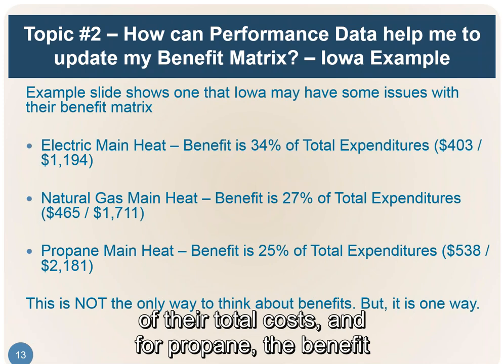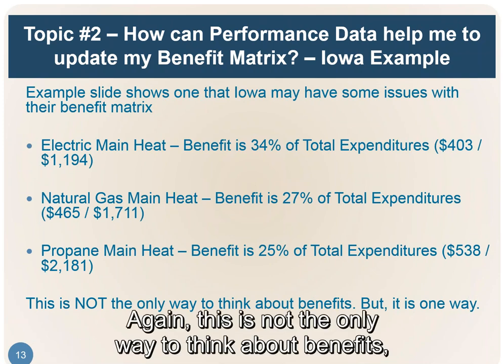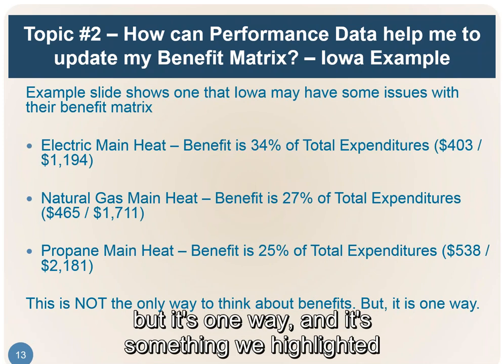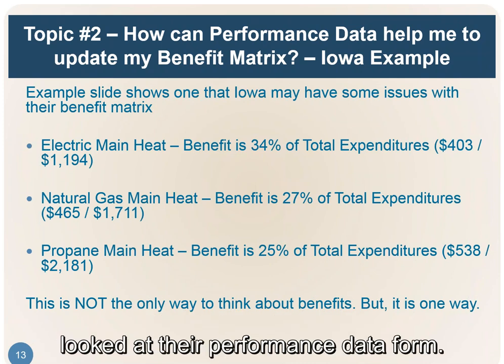And for propane, the benefit was 25% of their total costs. Again, this is not the only way to think about benefits, but it's one way, and it's something that we highlighted for Christine and John about what we saw when we looked at their performance data form.